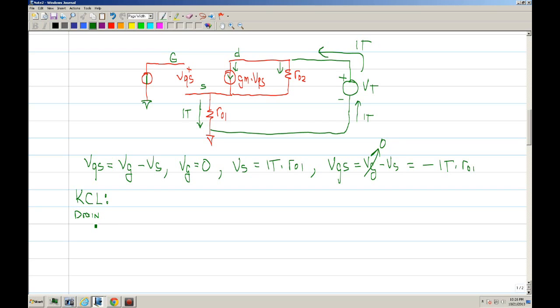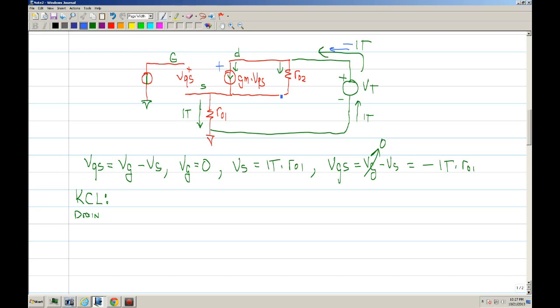And let me go back in different color. So we have one current here, so that's IT, and since it's entering, assign it a negative. And then you have this current which is leaving, so that's a positive current since it's leaving the node.